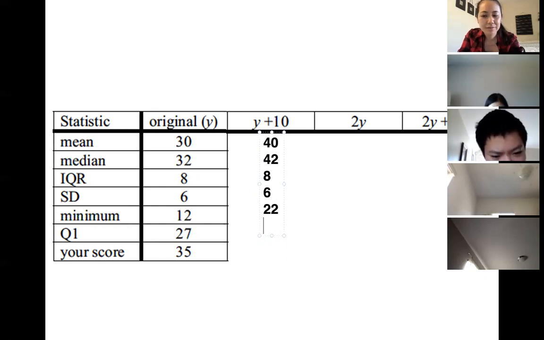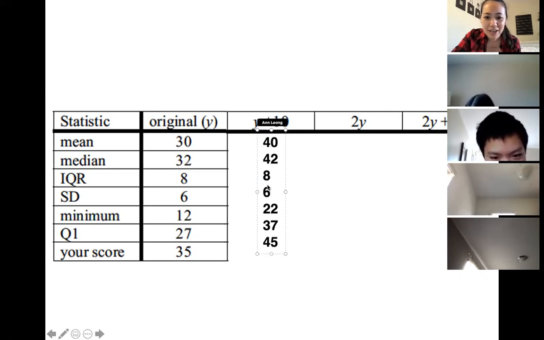All right, Katrina, what about Q1? 37. Good, yes, it gets shifted, good. And Annie, what about 35, your score? What would happen? 45. 45, good job. Okay, so as you guys can see, everything except the measure of spread gets changed.